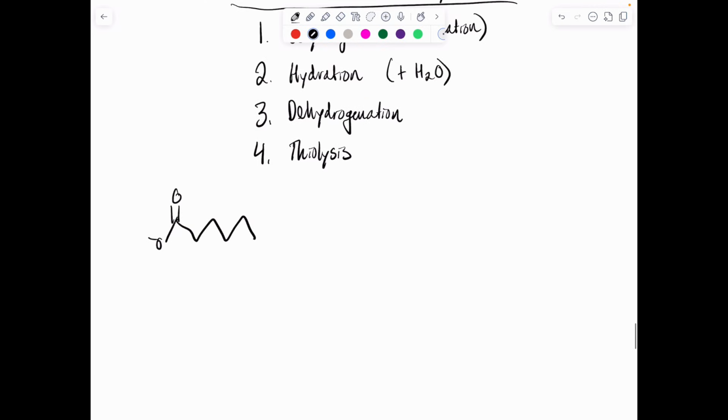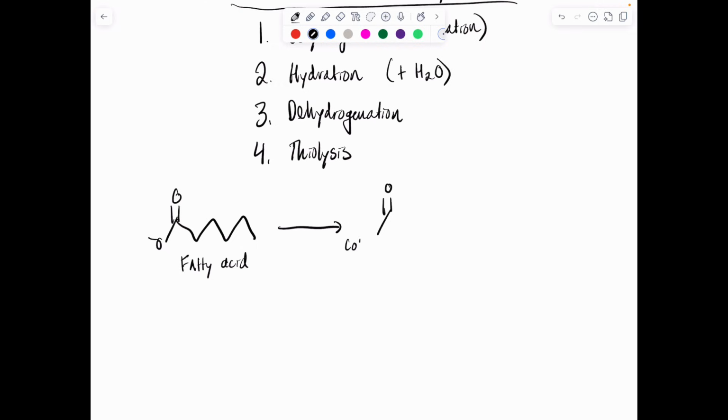carbons. And so we are starting off, and we have this fatty acid, and we know it's a fatty acid because we have a carboxyl group at the end. So this is a fatty acid. And we're going to convert this and activate it into our acyl-CoA molecule. So our fatty acyl-CoA molecule.